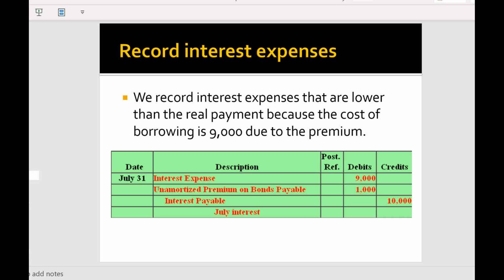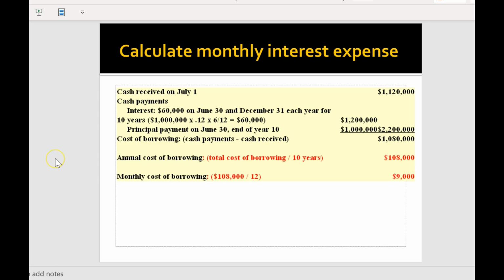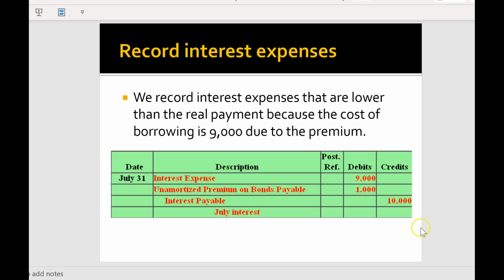All right. So again, if the bond is issued at a premium, we are going to recognize expenses that are smaller. Look at our expenses. That is smaller than the interest payable. Why? Because we receive money upfront that's more than the principal indicates. We count that as a reduction to our expense.